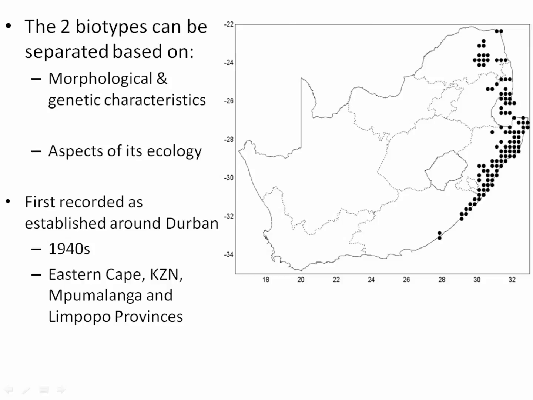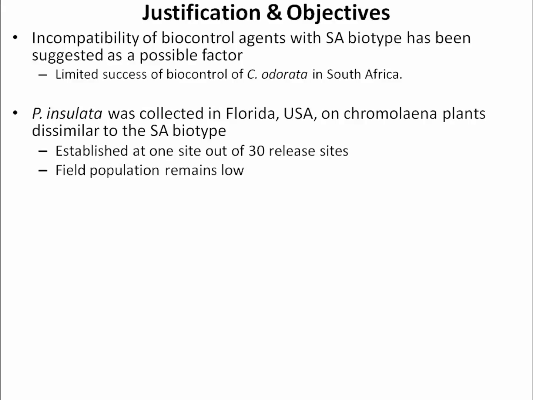The weed was first recorded in South Africa in the 1940s. It is now present in Limpopo, Eastern Cape, KwaZulu-Natal, and Mpumalanga provinces. There has been speculation regarding the performance of biological control of Chromolaena in South Africa.